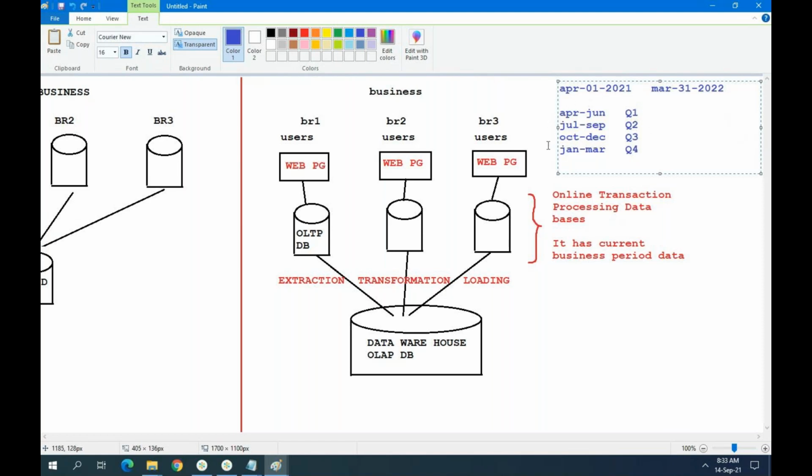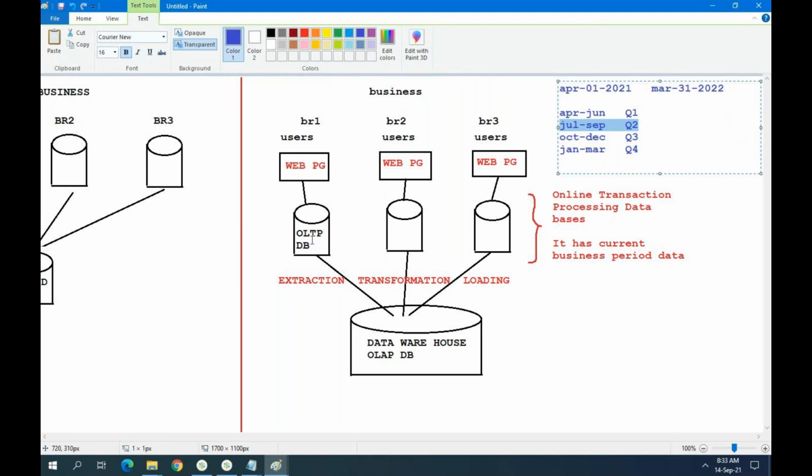According to business periods, we should maintain the data of the business. Current business period: what is this month? September. So according to the Indian financial calendar year, we are in quarter 2. So quarter 2 data is available here.